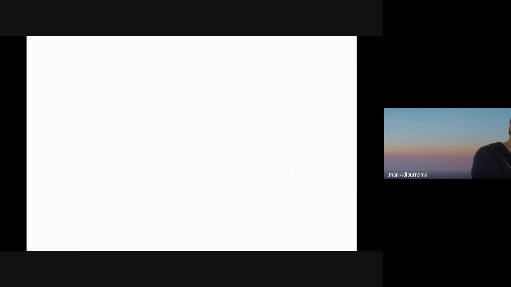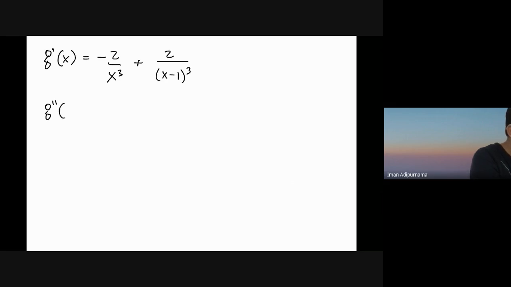Let me write again the g prime x. Then we derive this. I think the derivative becomes 2 x to the 4 and negative, and (x minus 1) to the 4.